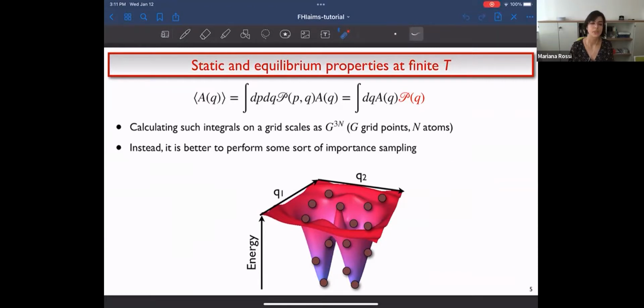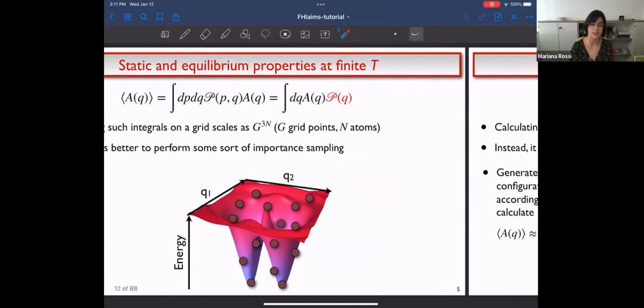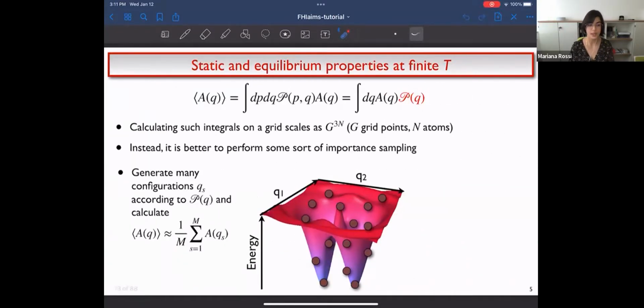Instead, it's better to perform what we call importance sampling. What importance sampling means is the following. You generate many configurations, which I here call Q_s, according to this distribution P of Q. And then you will be able to calculate this average of your observable by simply summing over all these realizations of your system that you just created, which are consistent with the distribution, and calculating the average in this way that I write here.